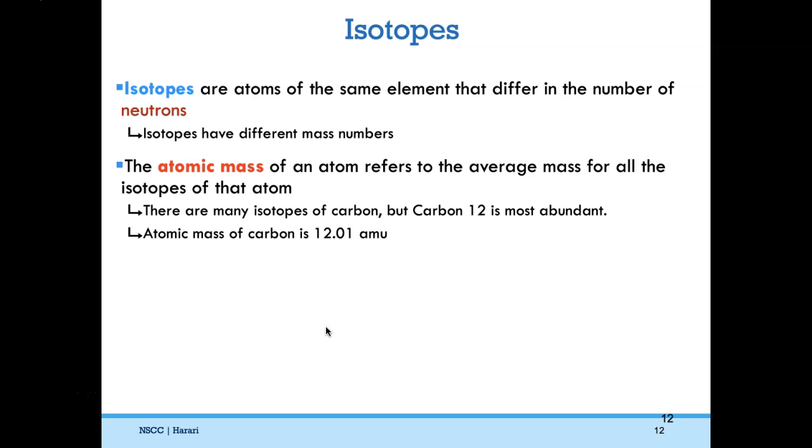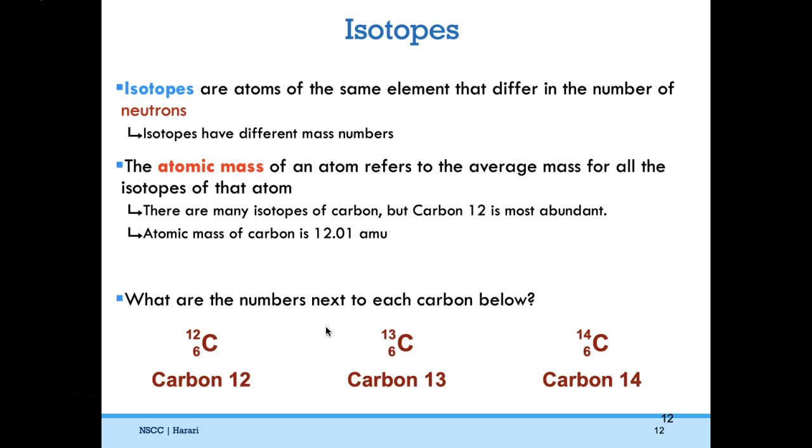So the atomic mass is a little higher than the mass number because there are other isotopes of carbon that weigh a little more because they have more neutrons. Again, for this class, atomic mass and mass number are used interchangeably.